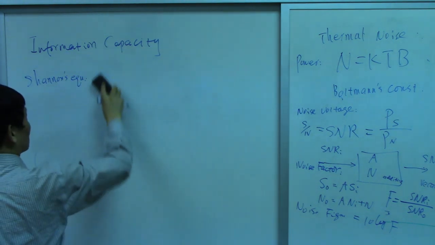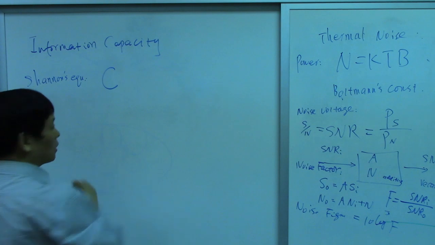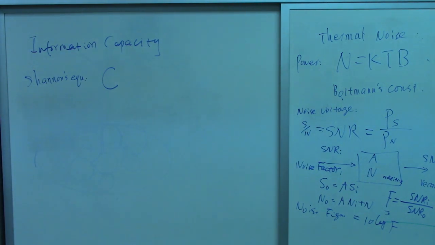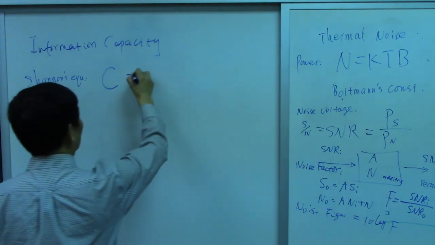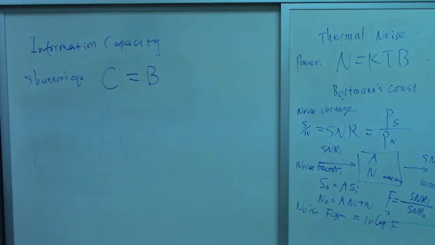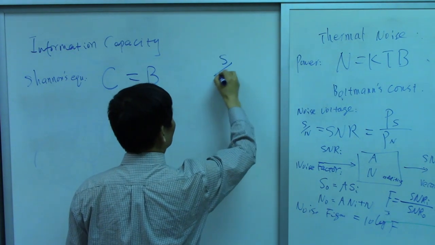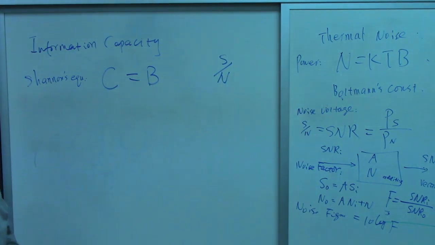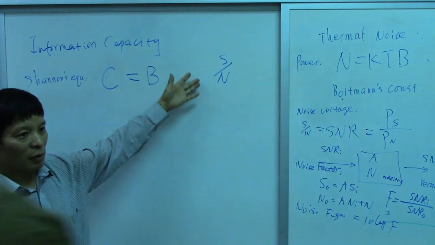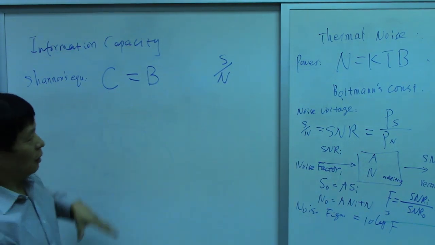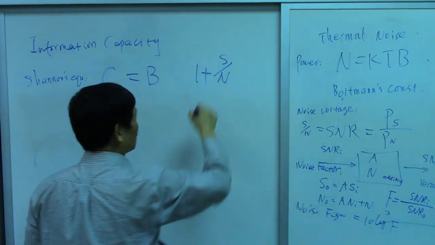Shannon's equation gives us the channel capacity, which means how many bits can be transmitted in each second. It is proportional to the bandwidth: the larger the bandwidth, the larger the capacity. Then it is related to the signal to noise ratio: the larger the signal to noise ratio, the larger the capacity. And this is added to a 1.